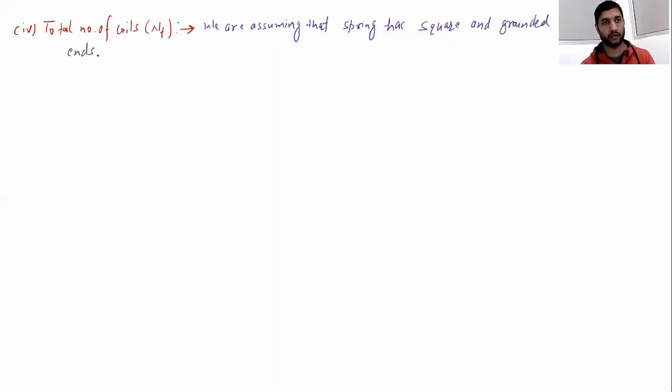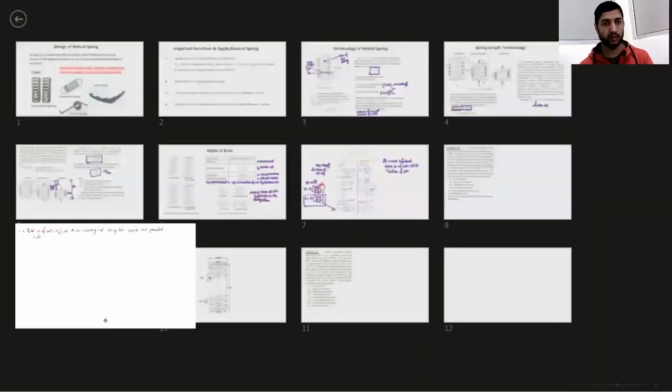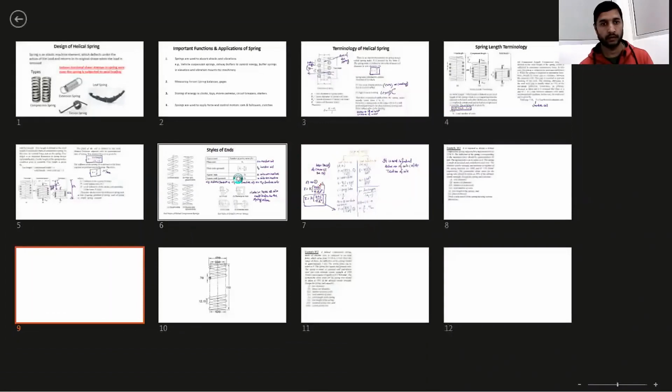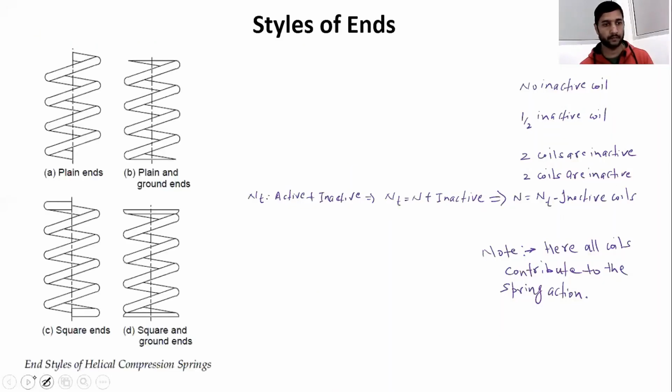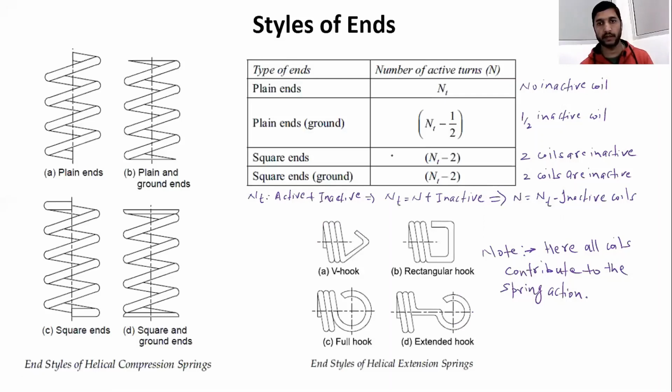And for square and ground ends, let me just explain one thing. This was the table we had, see. Now if you are assuming square ends, okay, we are assuming that we have square and ground ends. It means I'm assuming this particular thing. So the active number of coils from here will be NT minus 2.